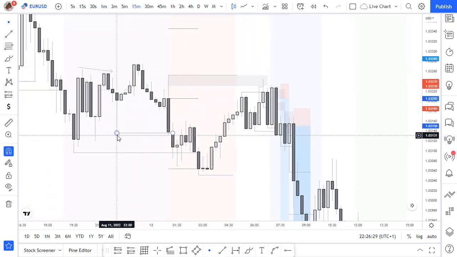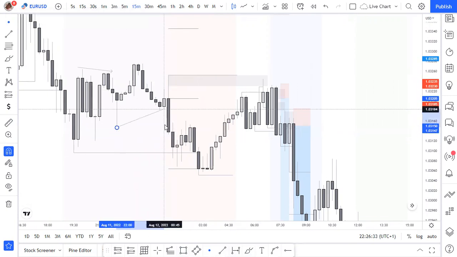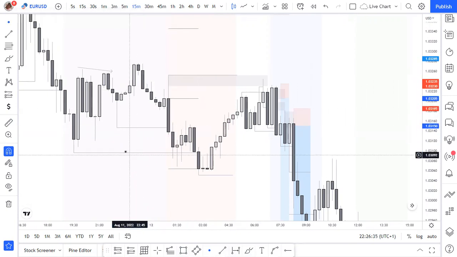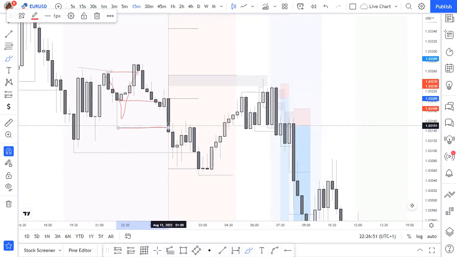That was when I marked out this particular low here, and I said, okay, since we had this push down here, and this push up here actually broke above this high, this could be a valid demand zone, and this could be a reaction to this valid demand zone.